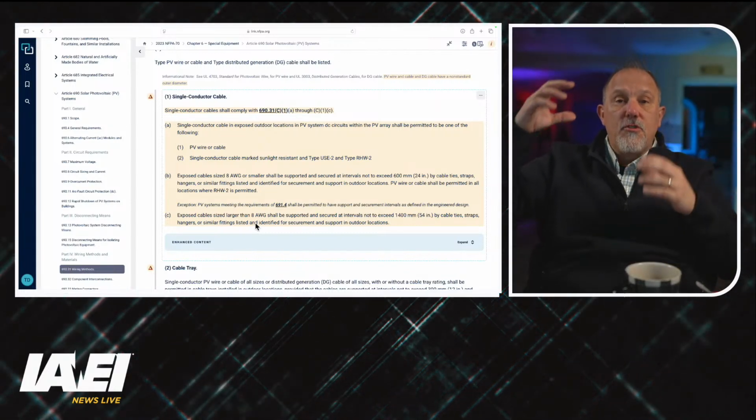So what we're doing in the code for these unprotected conductors, and what you're going to see, are special provisions. Now these are outdoors, whereas direct current circuits in or on a building are different.